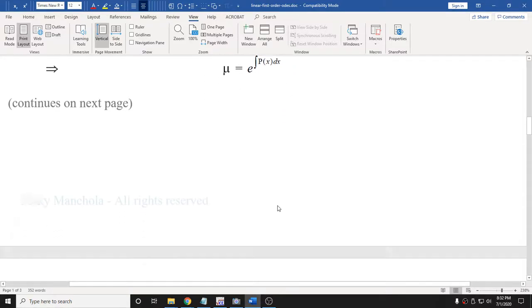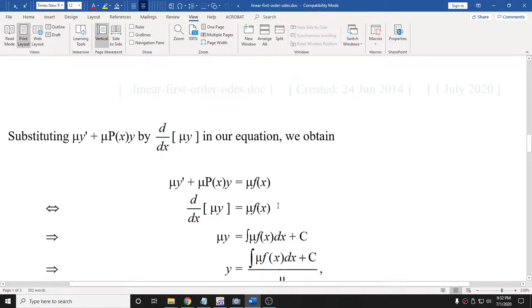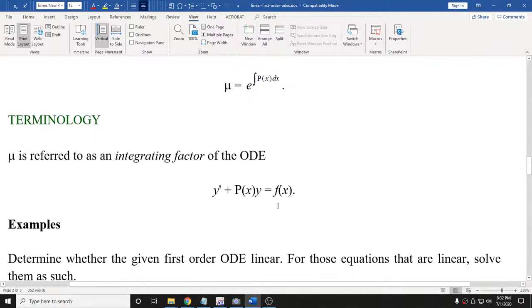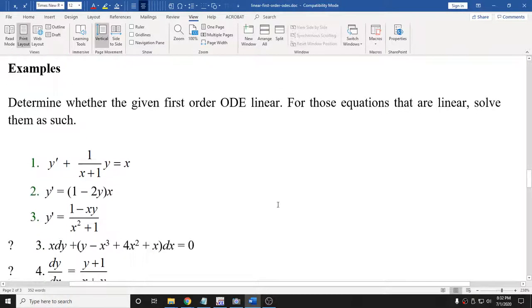So that is our solution method. Let's exemplify. Number one, solve. First, in this example, we determine whether the given first-order ODE is linear.